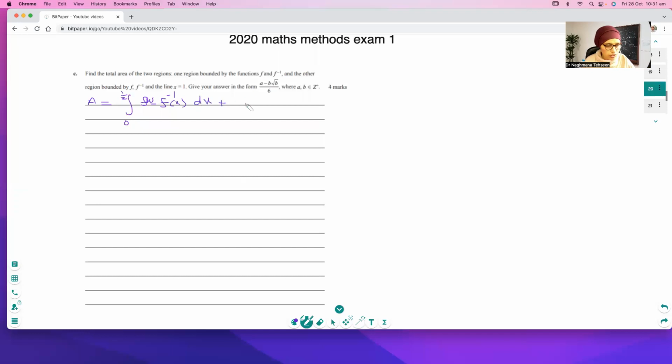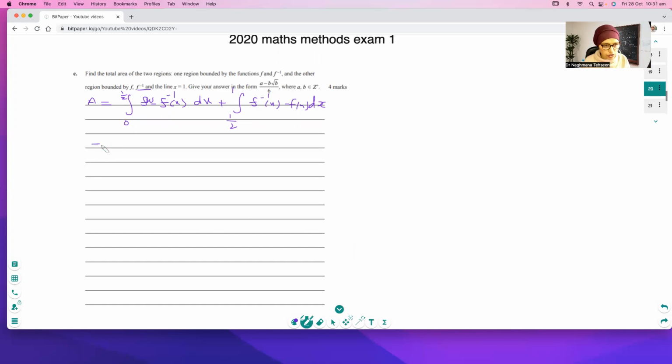And then we also need to do 1/2 to 1, because the line between the f inverse and the line x is equal to 1, and that should be equal to f inverse of x minus f of x dx. So it's a 4-mark question. So definitely that's what we need to do from there. Okay, so let's see what we can get from here.